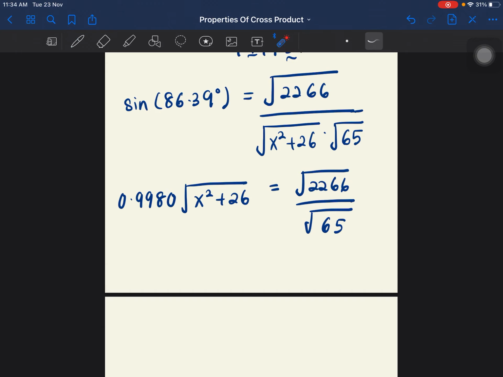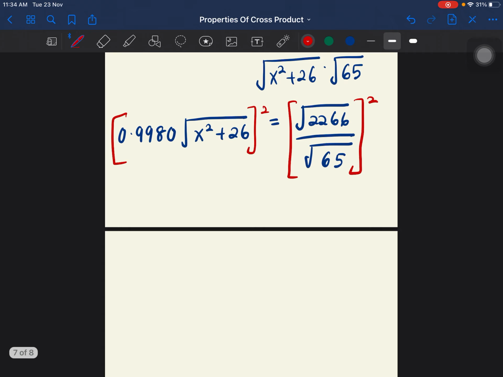Again, we are going to find the value of x, so we have to get rid of this square root. How to get rid of this square root? By squaring both sides. So what happened to this one here? This one squared, this one squared.